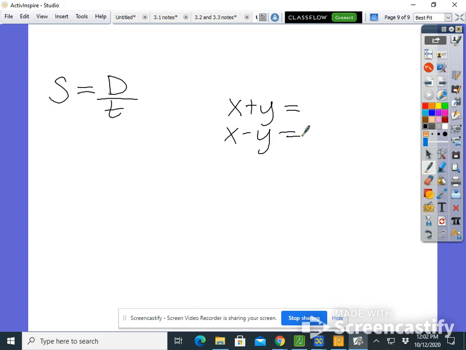Well, you're trying to find the speed. You know what you're doing? Yeah, sort of. You found your speed to be 92 for the trip there, right? So x plus y equals 92.